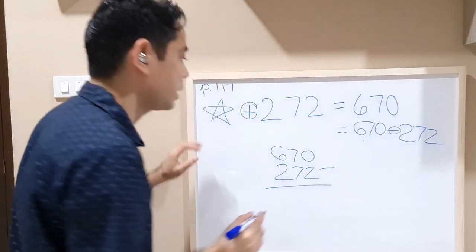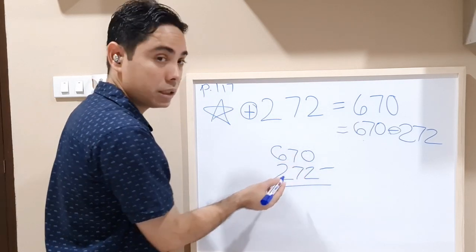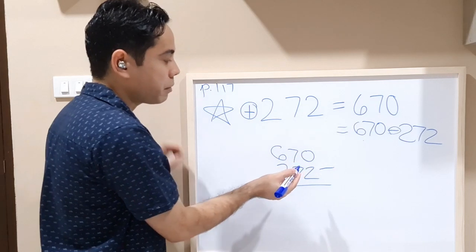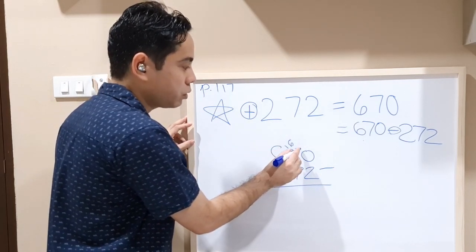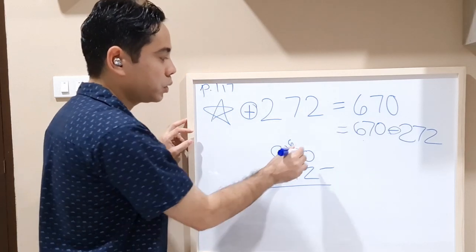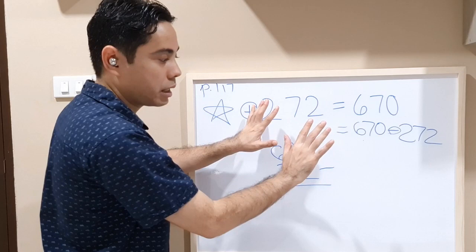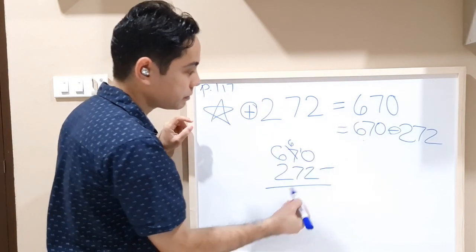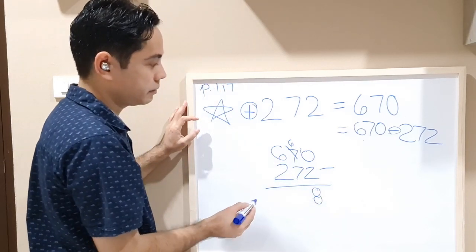Oops. I will fix my number. 272. Now, let's subtract. 0 minus 2 cannot be. So we borrow from our neighbor. 7 will become 6 and 0 will become 10. So 10 take away 2, you have 8.